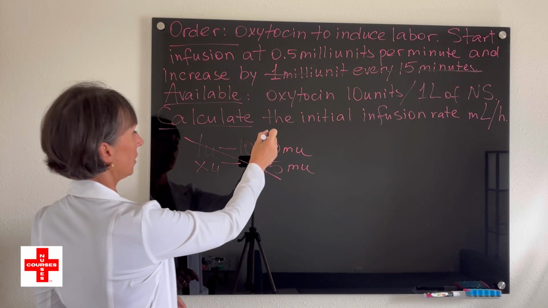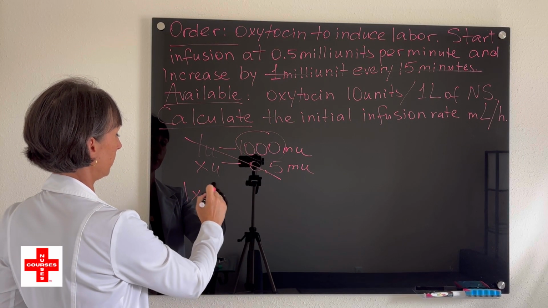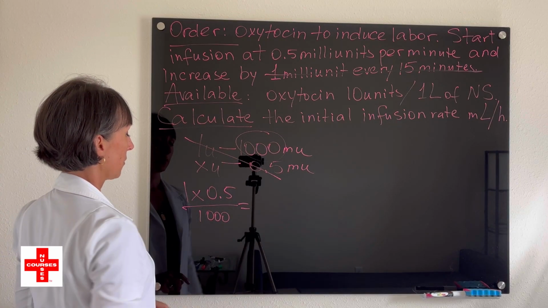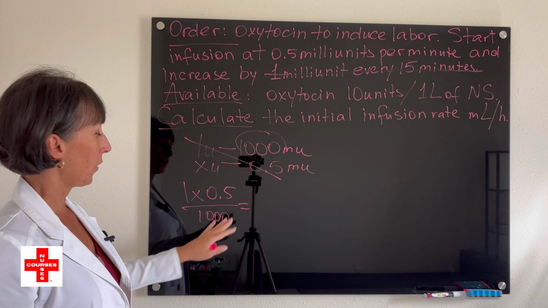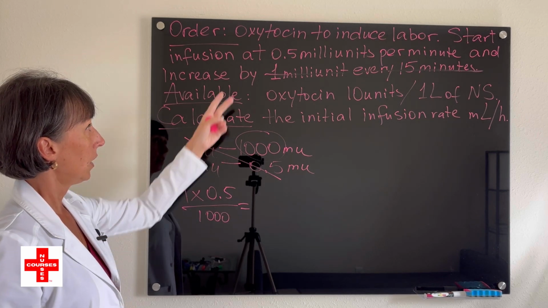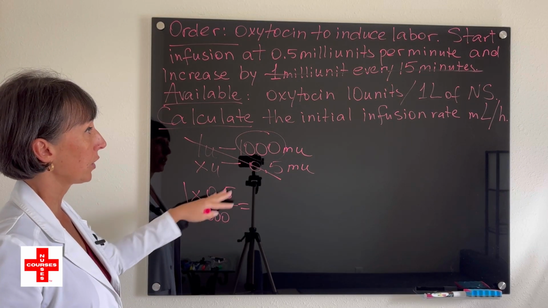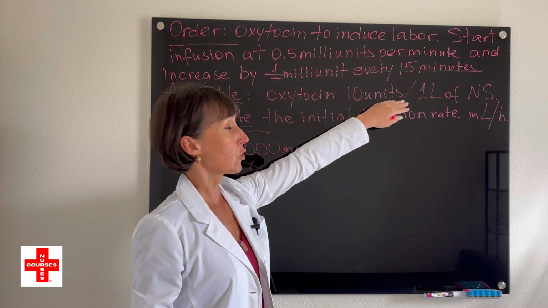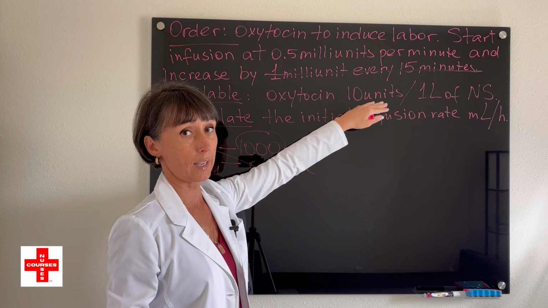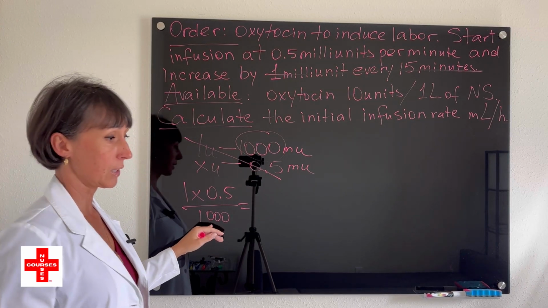Multiply on diagonal, divide by the third number. 1 times 0.5 divided by 1,000 gives me my X, which is my initial oxytocin in units now. And why am I converting it to units is because concentration of oxytocin is given in units, not milliunits. So I want to bring it to the same unit measure. So 0.5 divided by 1,000.